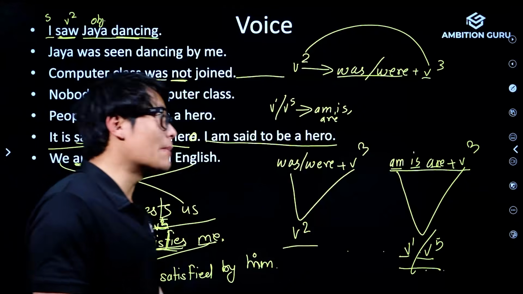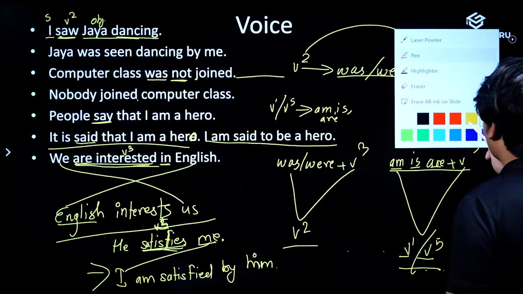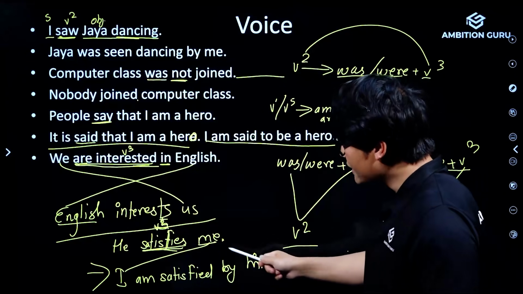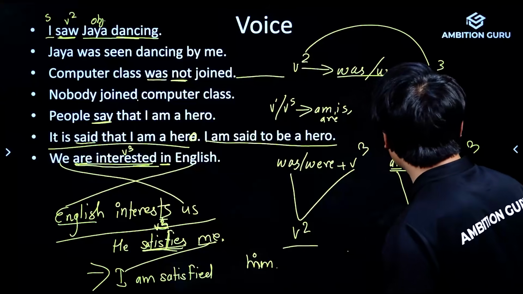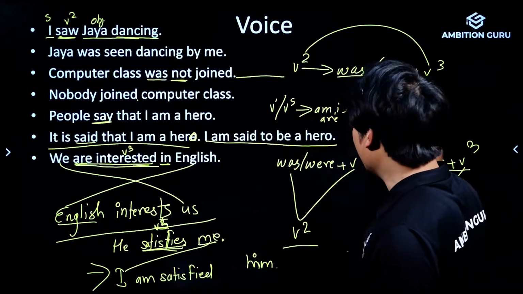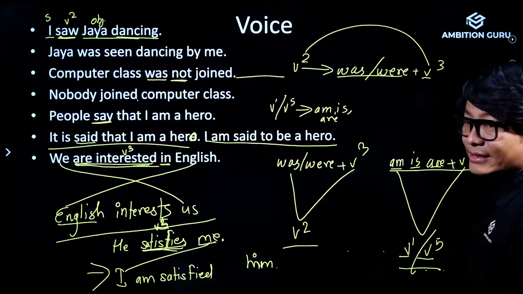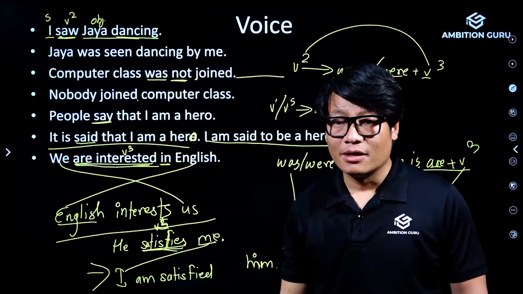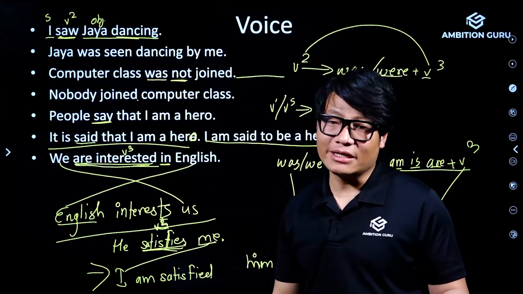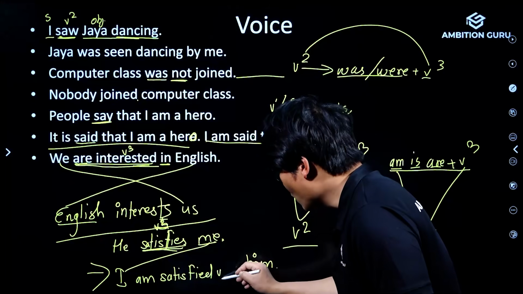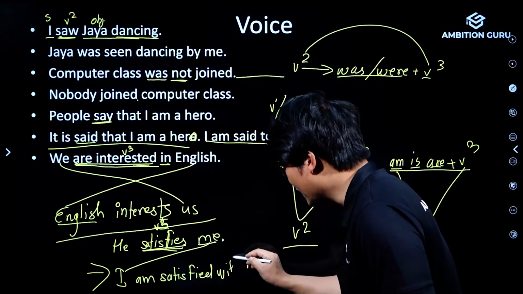If you write by him, then it will be wrong. Why will it be wrong? Let me tell you. Because satisfied doesn't take by. It takes what? Yes, very good, Kritika. It takes with.